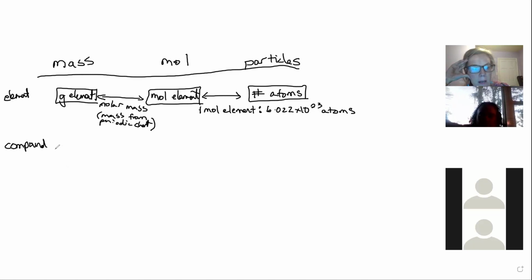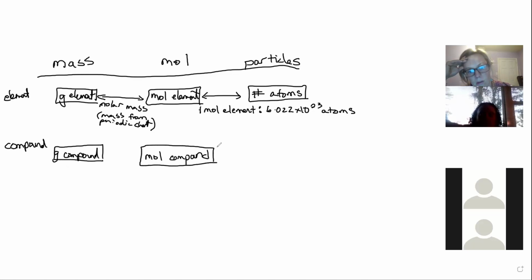So we can have the mass of a compound, grams of compound, moles of a compound, and we can have molecules.